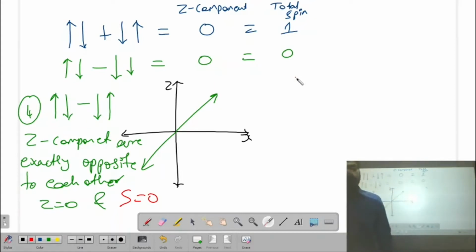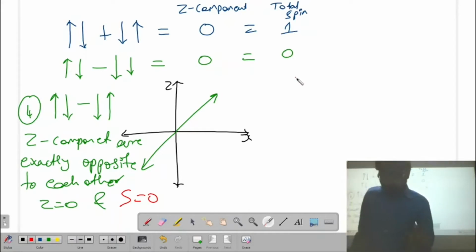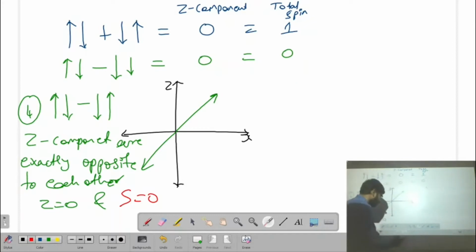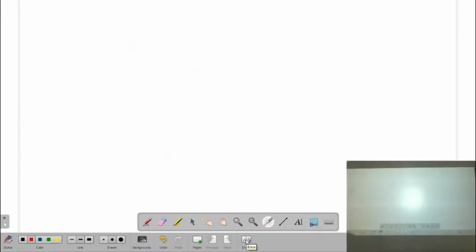Now, I think all four we have covered. Now, all four of these possibilities, let us combine in a tabular form. Then it will give us four possibilities.